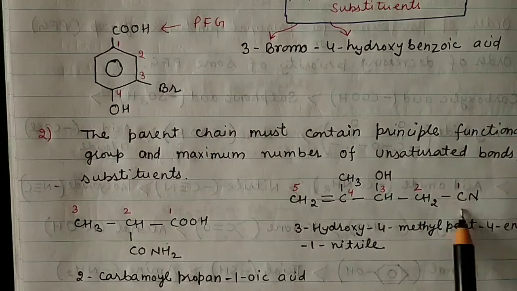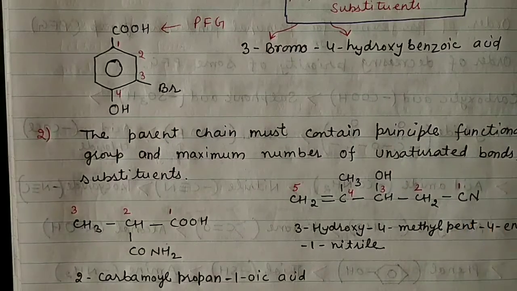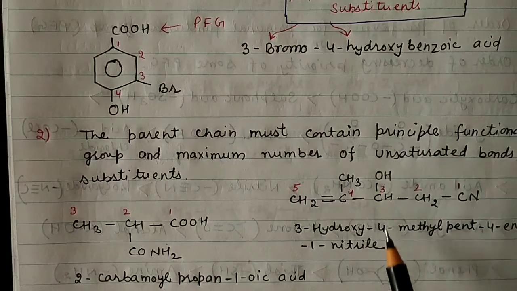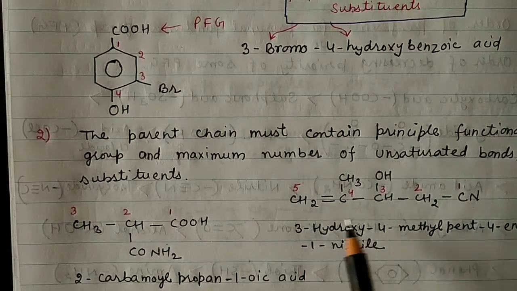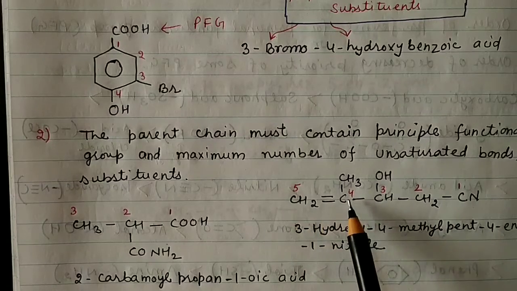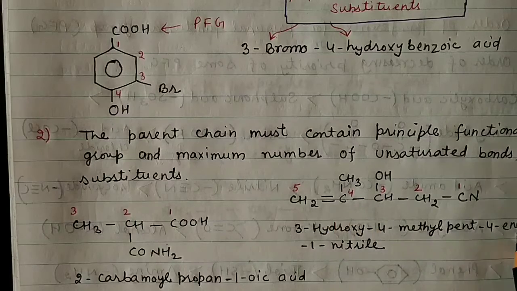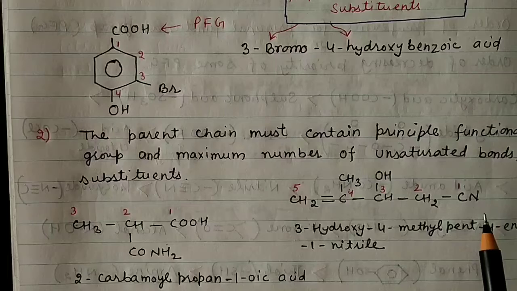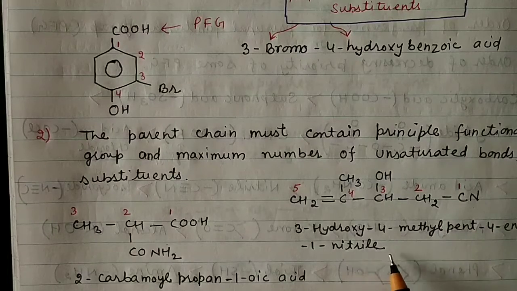And for this compound, start numbering from the CN. So this is 3-hydroxy because OH is at 3 carbon, and 4-methyl. In total we have 5 carbons, and at the fourth position we have the double bond, so 4-ene, and the suffix is nitrile.